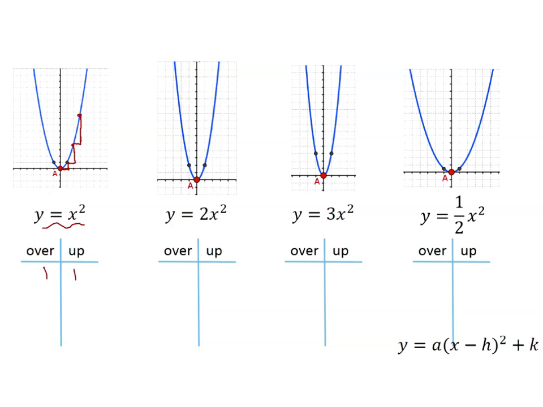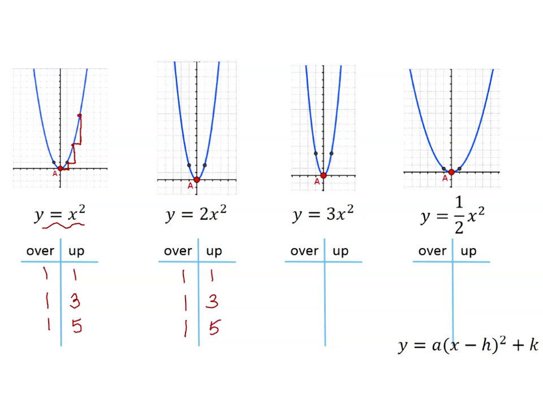That's our basic structure. So I'm going to write that in here for our second parabola: over 1, up 1, over 1, up 3, over 1, up 5.